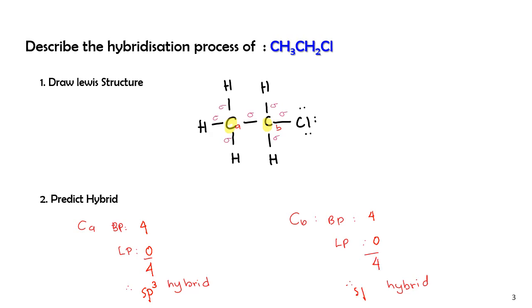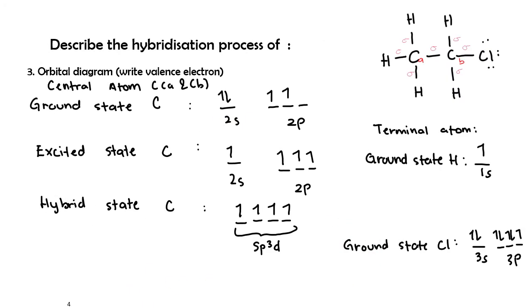Therefore, it will be sp3 hybrid as well in this case. Next step is to write the orbital diagram for valence electrons only. And for carbon A and carbon B, since they are the same hybrid, we just write one as the general one.